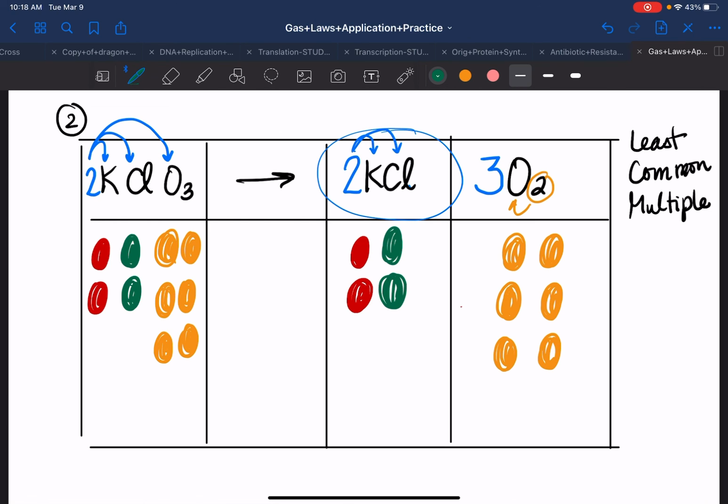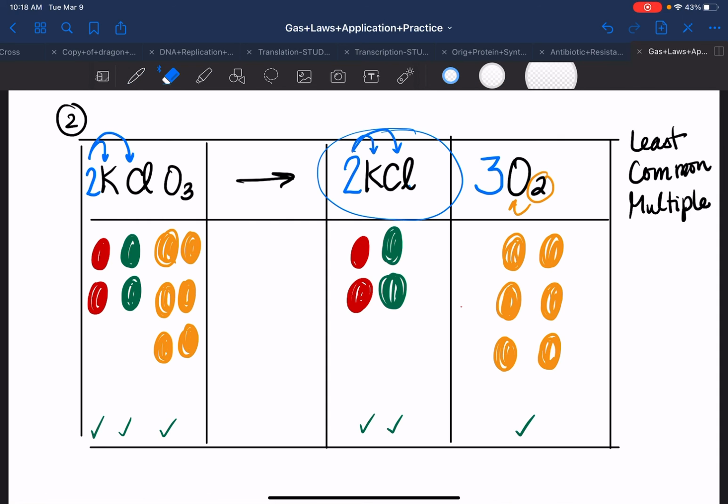Now, are we balanced? The way to check is to check your circles. There's 2 red circles here and 2 red circles here, so we're good. 2 green circles here, 2 green circles here, we're good. 6 yellow circles here and 6 yellow circles here, so we're good.